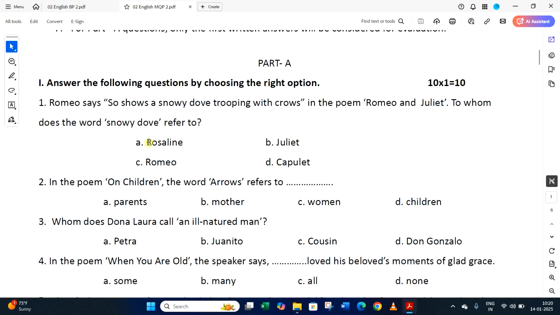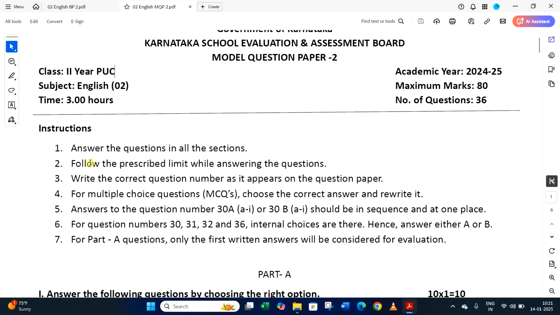There are 4 options: A, Rosalind, B, Juliet, option C, Romeo, and option D, Capulet. So you have to understand and write the right answer. So question number 1 is all about multiple choice questions, and as you go ahead, you will find all those things, my dear students.